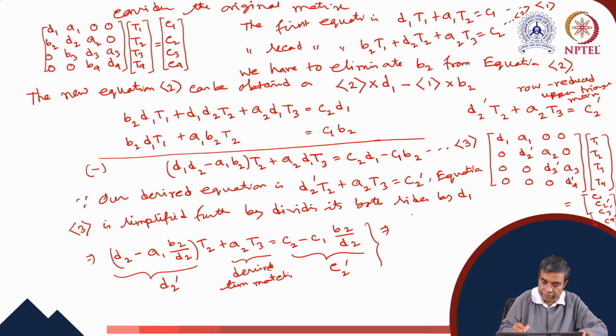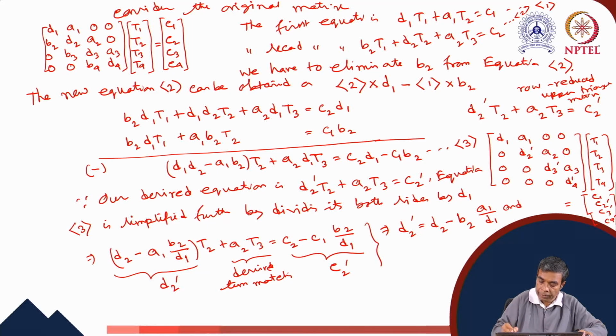So this gives us d2 dash equals d2 minus b2 into a1 by d1, and c2 dash equals c2 minus b2 into c1 by d1.